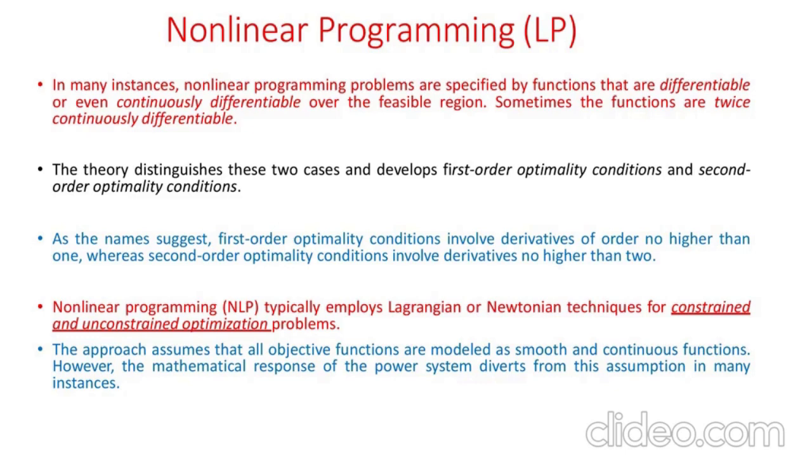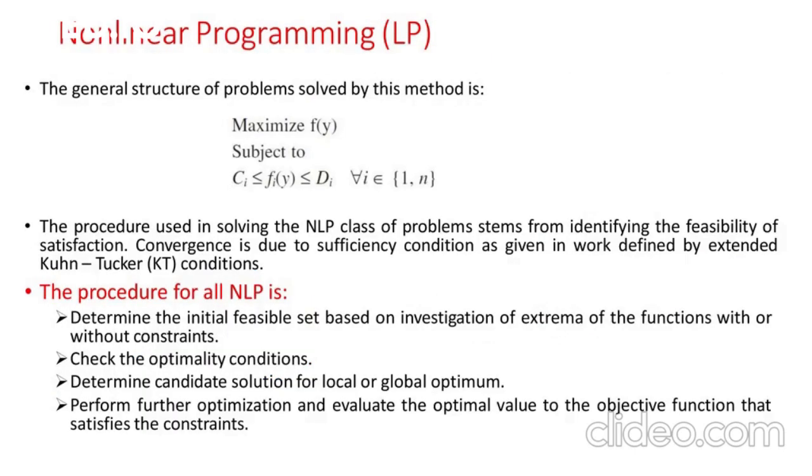However, the mathematical response of a power system diverges from this assumption in many instances. So the theory distinguishes two cases, and develops first order optimization and second order optimization. Coming to the general structure, we have to maximize f of y subject to ci belongs to f of y and that belongs to di.